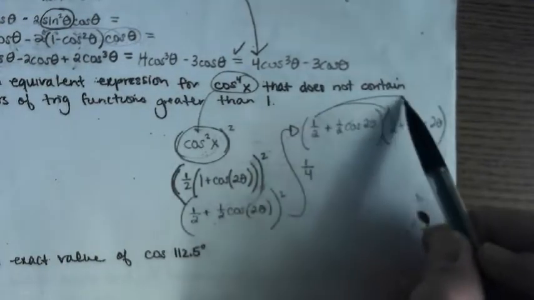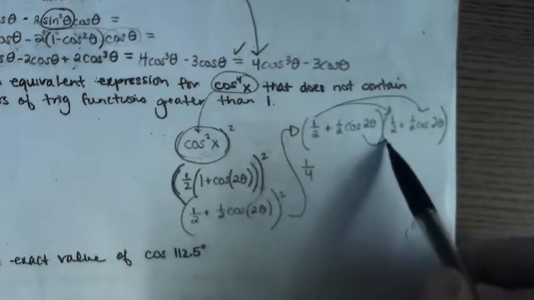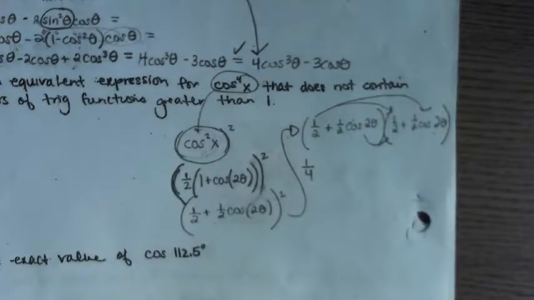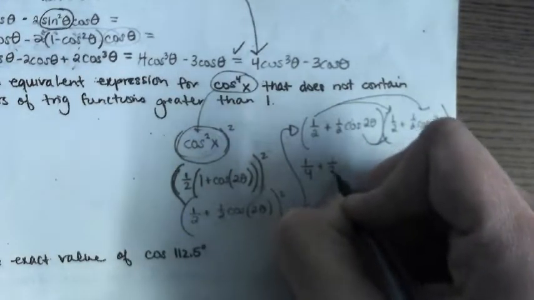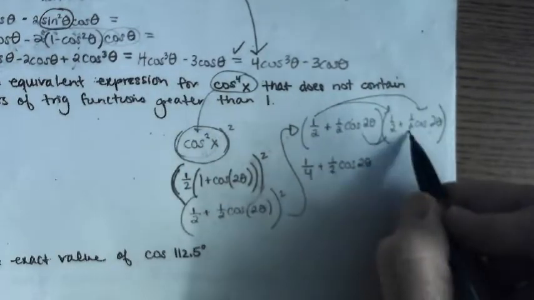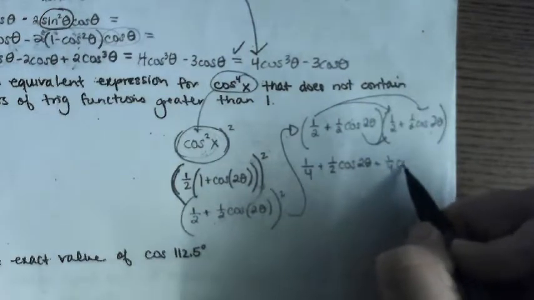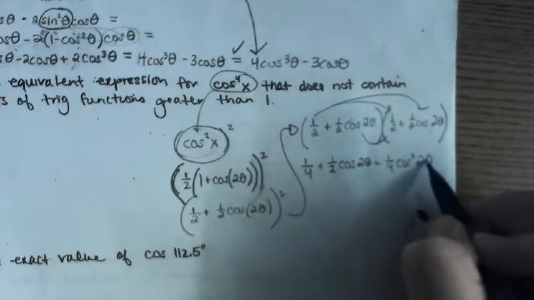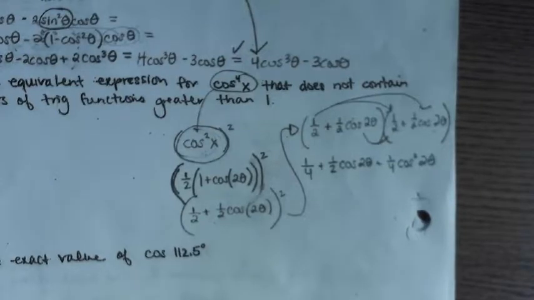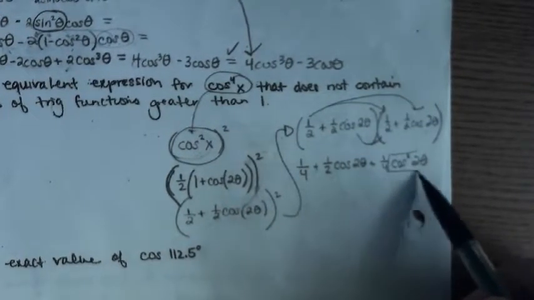Then I'm going to have 1/4 cosine of 2 theta on my outer and 1/4 a cosine 2 theta on my inner. What's 1/4 plus 1/4? 1/2 cosine of 2 theta. And then my last times my last is going to be 1/4 cosine squared of 2 theta. And then I can just power reduce on this one.